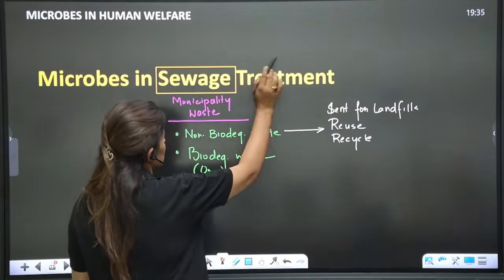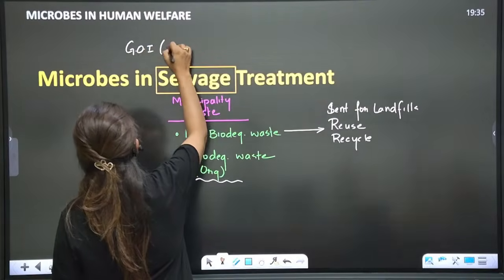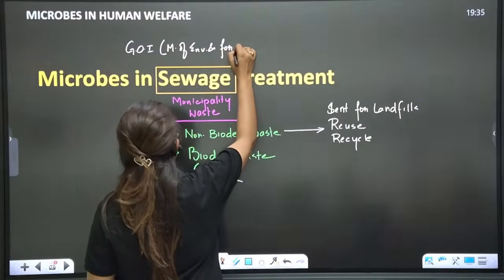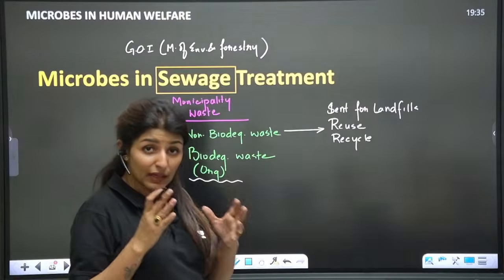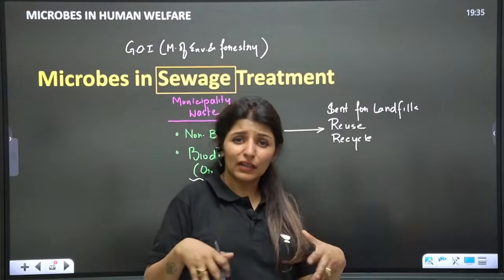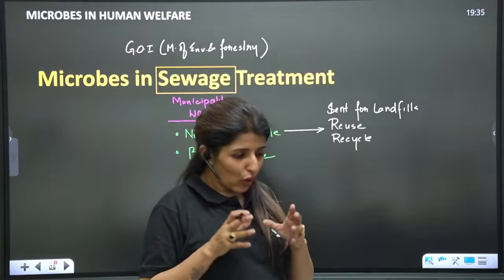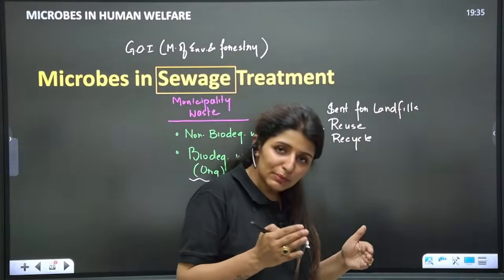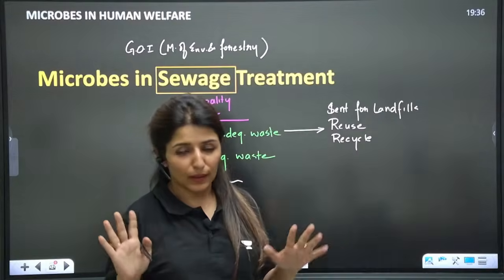Now, sewage treatment plants were set up by the Government of India and the Ministry of Environment and Forests. So they decided that in all the big cities, the major rivers which are passing through these large cities and getting a lot of municipality waste, all these rivers should have these STPs so that this municipality waste can be treated then and there before it accumulates to such an extent, right?